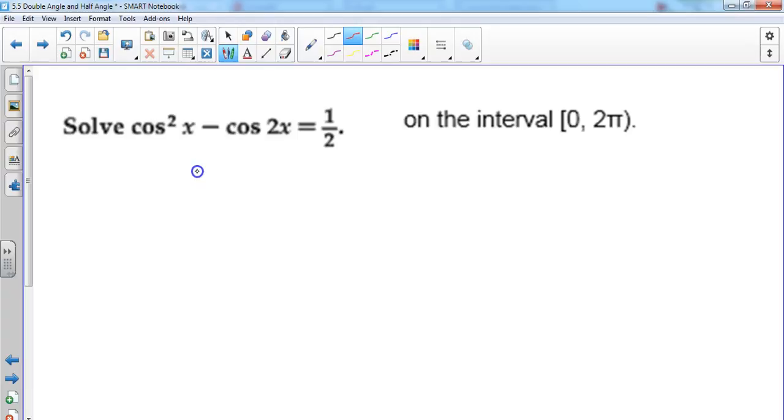Okay. Help me out. What could we trade here? Because we don't want a 2 theta. We could do cosine squared minus sine squared. Actually, that would be okay if you did cosine squared minus sine squared because it's minus.